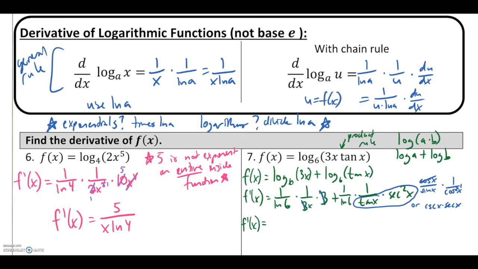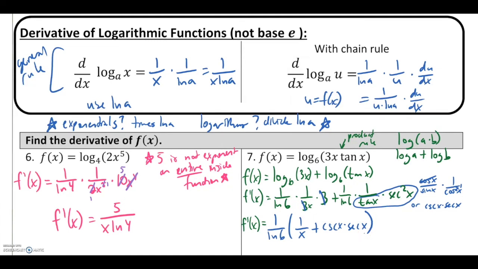Let's put everything together. I'm going to go ahead and factor a 1 over natural log of 6 from everything. That'll leave me with a 1 over x on the first term plus cosecant x times secant x.